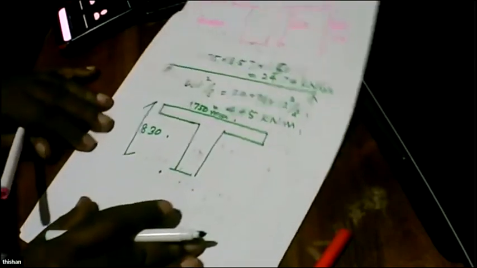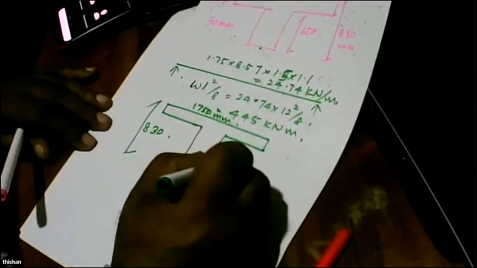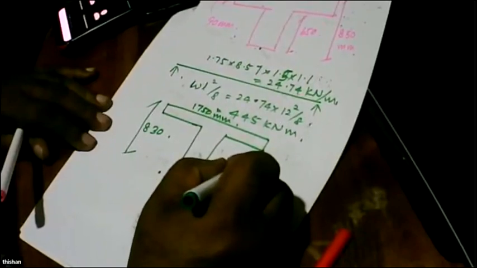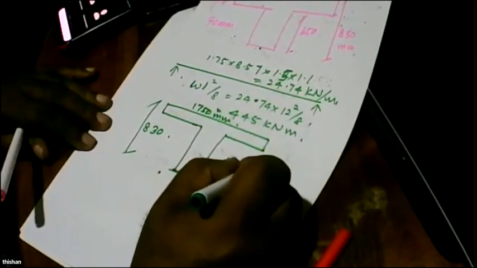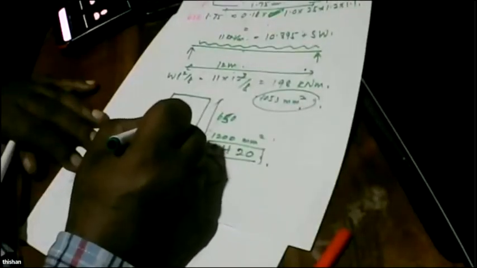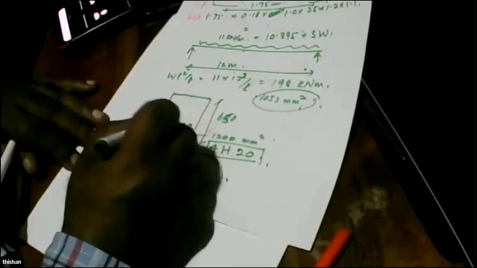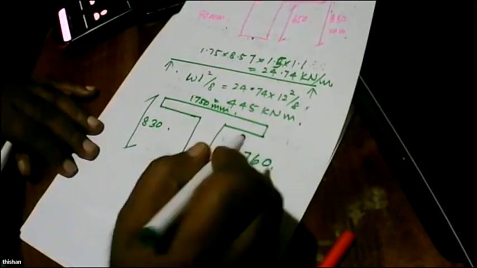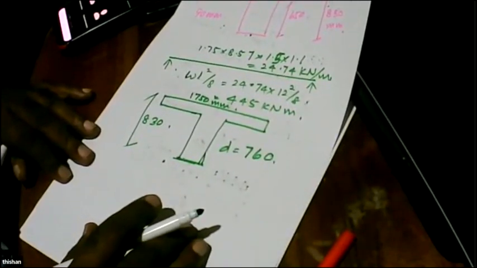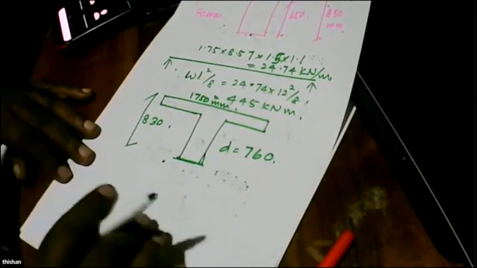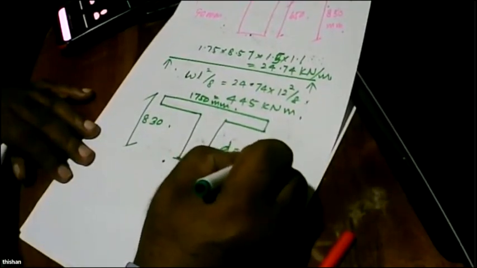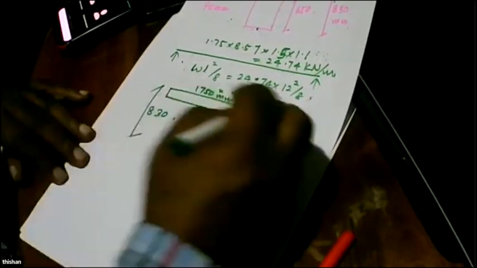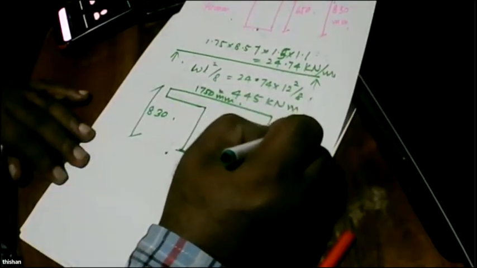So an effective depth of let's say 760, because we might have to provide an additional layer of reinforcement. I'll use a D of 750 millimeters, and this is going to be 90 millimeters.